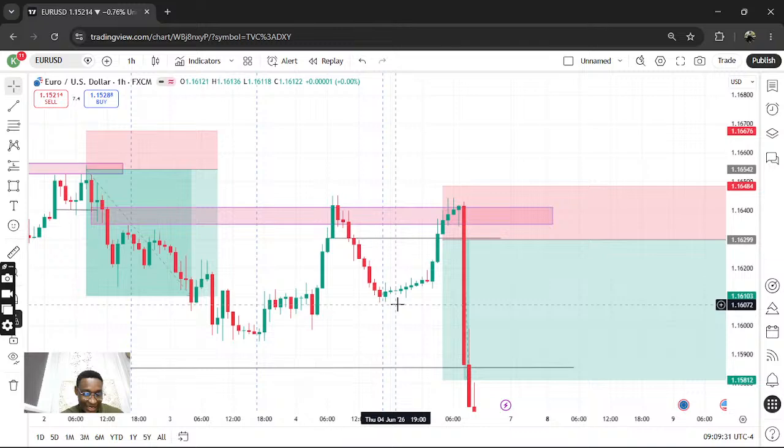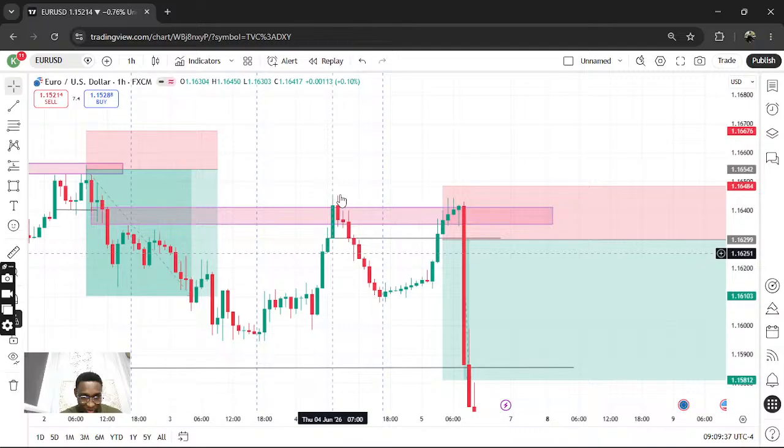Now, look at this. What do you think is the order block at this particular point? I want you to think about it. Now, if you agree with me, you will know that this particular bullish candle is the last bullish candle that was formed before this movement, which makes it the order block.